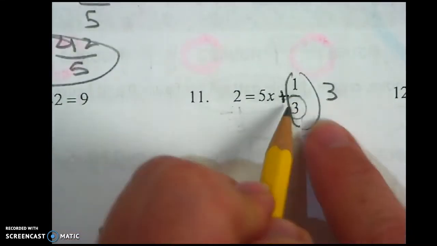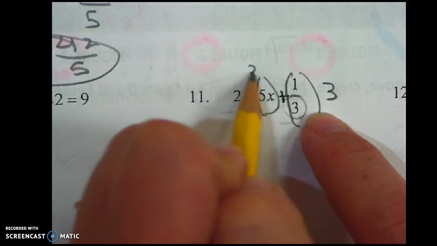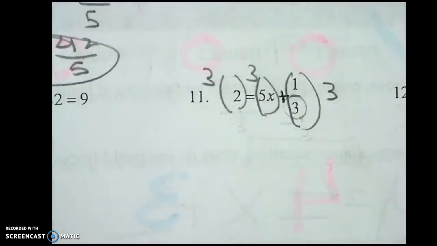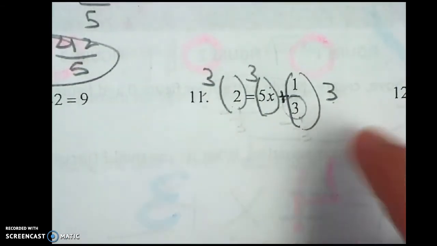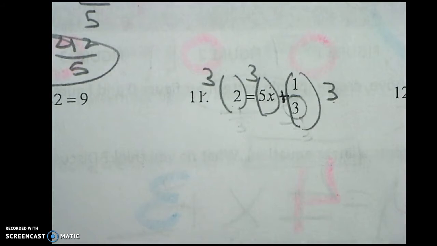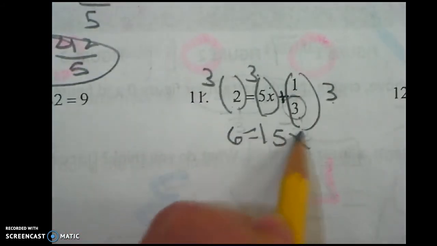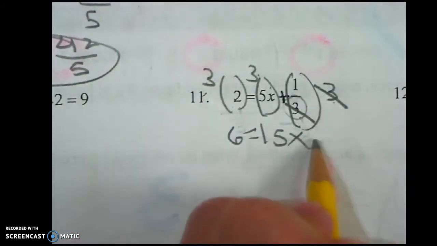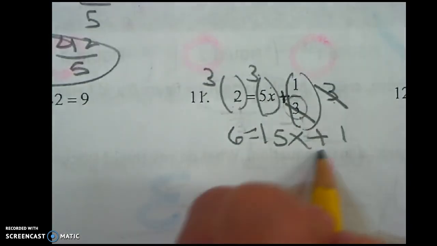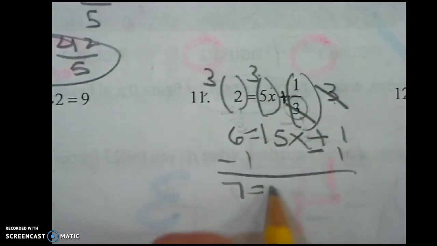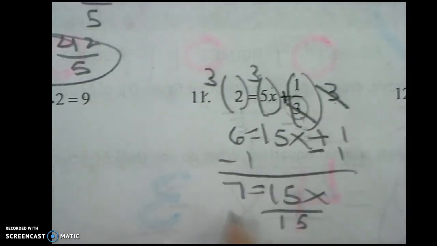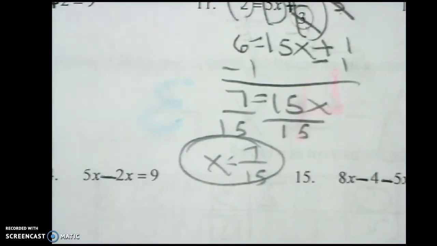But the problem is this is a group, this is a group, and this is a group. And I have to give the same thing to each group, just as if I passed out papers to each of you. 3 times 2 is 6. 5 times 3 is 15. Boom, the 3 is gone. I'm left with plus 1. Now the problem, minus 1, minus 1. 7 equals 15x. Divide by 15. X equals 7/15. Okay? Let me move this back a little bit.